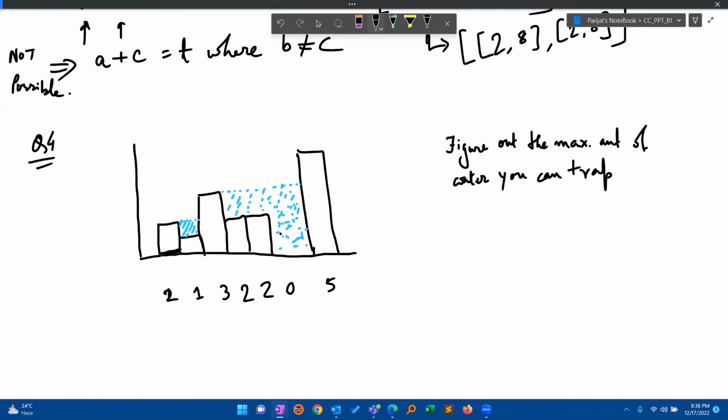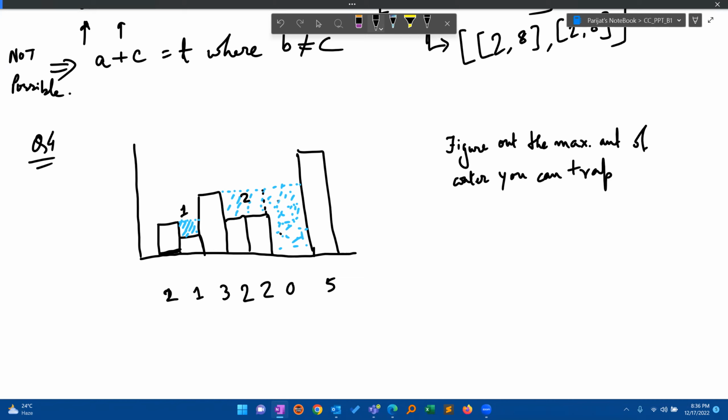Okay, so in this case, how much will the answer be? This area is 1 into 1. Then this area is, this is 2, this is 3. So this height is 1. So this area is 1 into 2. That is 2.